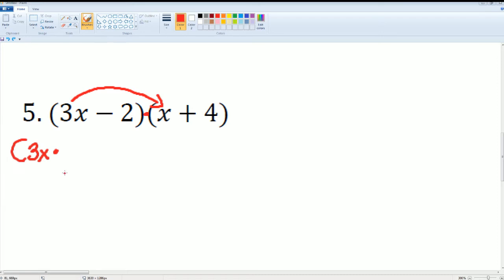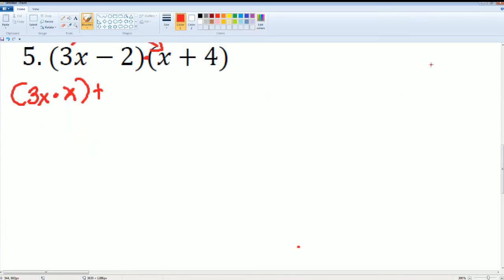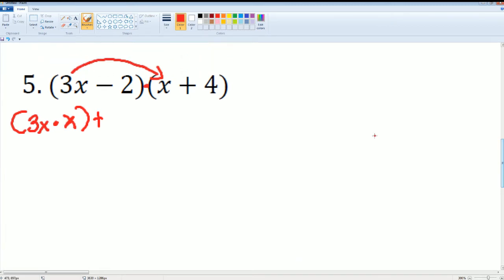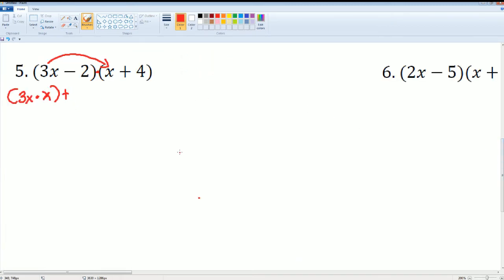Okay, so here we have 3x times x, so we write the x here. Okay, then that is going to be add. That was the first term.